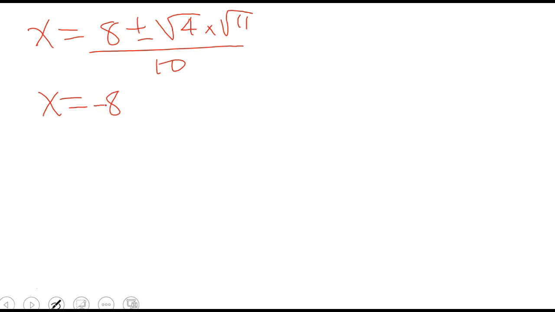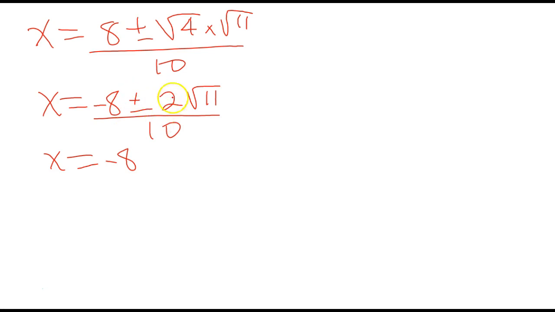It's negative 8 plus or minus. Now square root of 4 is 2, square root of 11 over 10. So x equals negative 8, and here again, 2 can go into each one of them. So 2 going into 8 is negative 4, and 2 going into 2 is 1, 2 going into 10 is 5.